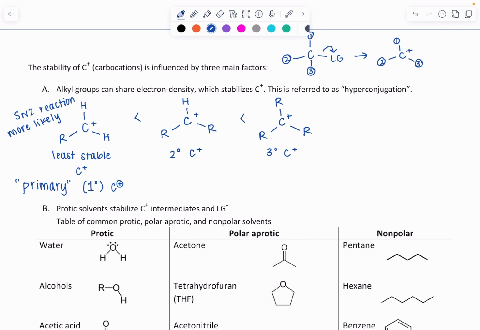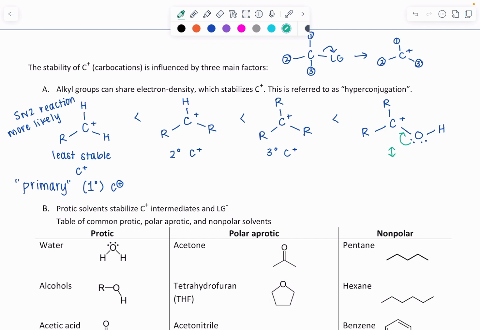Tertiary carbocation is pretty stable, and then what's even better is when one of these R groups is actually an atom with electrons. So I'll draw it in, and so let's say instead of a carbon, we have an oxygen. What can happen here is this oxygen can actually resonate electrons.